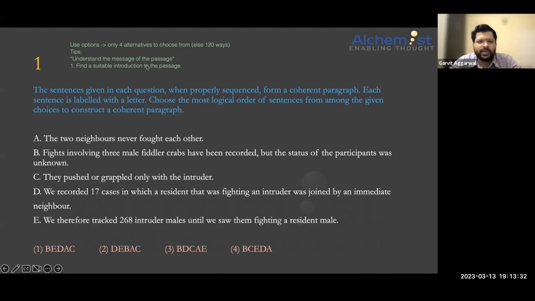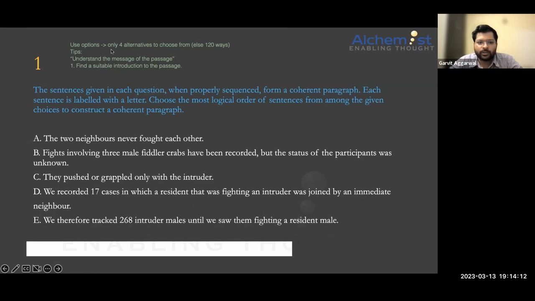See, once you have that idea, you have to find a suitable introduction, something that introduces the topic that this is happening. Can you find that sentence in here? Forget the options.